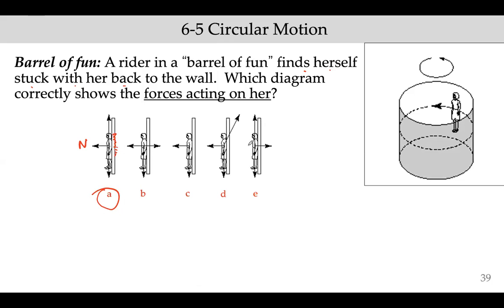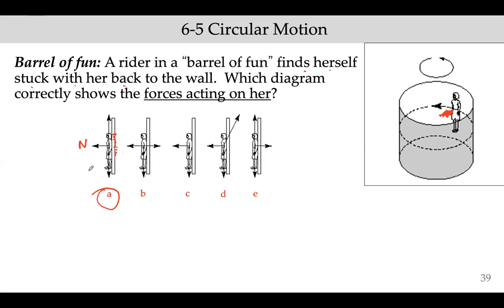I take it back. What I meant to say is, there is no force on the person that pulls her towards the wall. There should be someone inside, maybe, pushing her in this direction, but really, there's nothing that pushes her towards the wall. The wall itself pushes her towards the center, right? And that's the normal force.